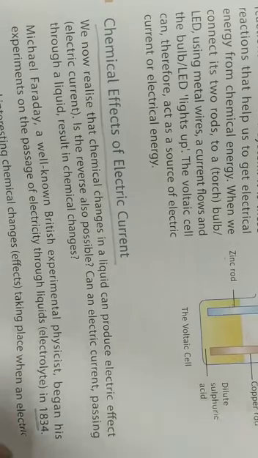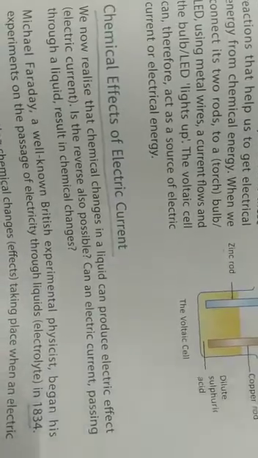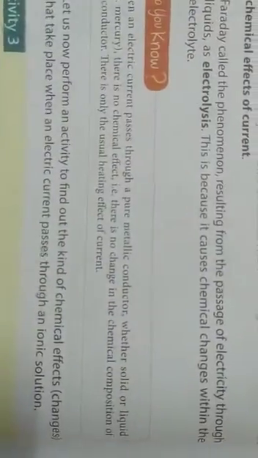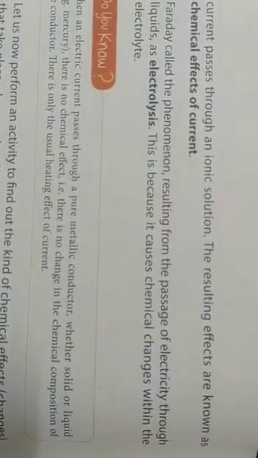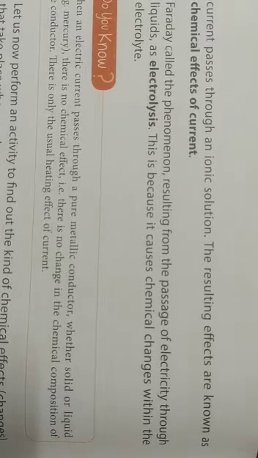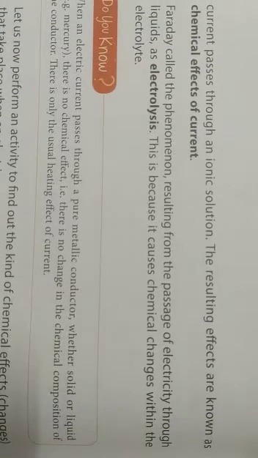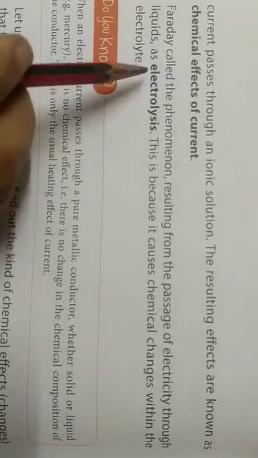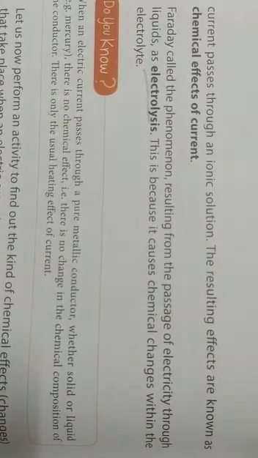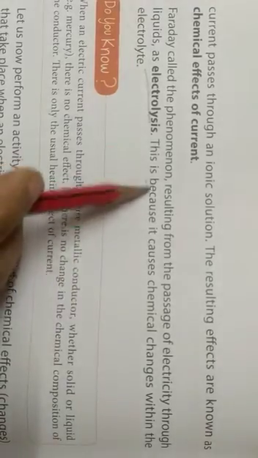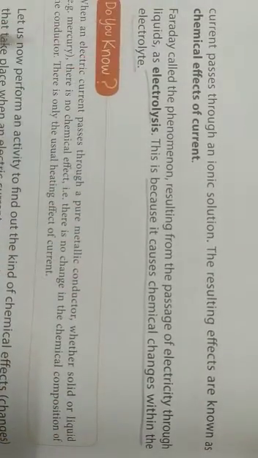He observed interesting chemical changes taking place when an electric current passes through an ionic solution. The resulting effects are known as the chemical effect of current. Faraday called the phenomena resulting from the passage of electricity through liquids electrolysis. This is because it causes chemical changes within the electrolyte.